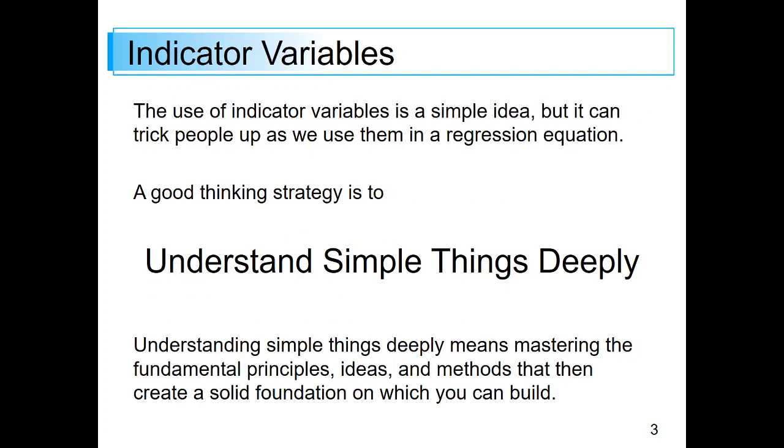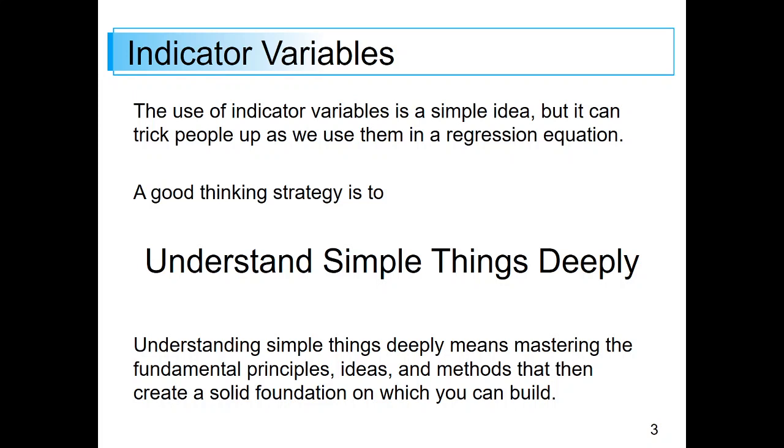So the use of indicator variables is really a simple idea, but it can trick people, particularly when we get to regression equations. Just as an overall thinking strategy beyond this course and in your foundational core, understand simple things deeply. Understanding simple things deeply just means mastering the fundamental principles, ideas, and methods so that you can create a solid foundation on which you can build.